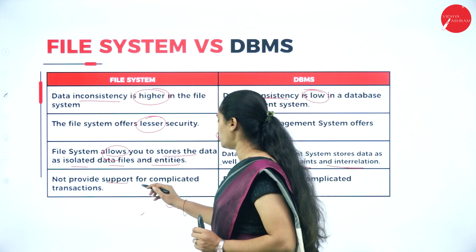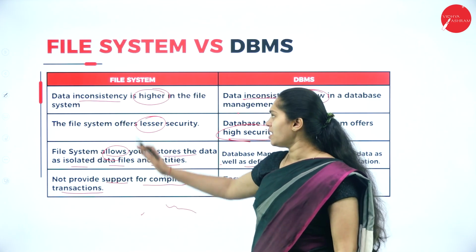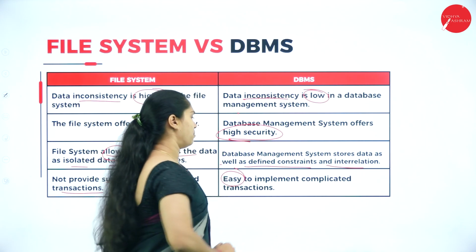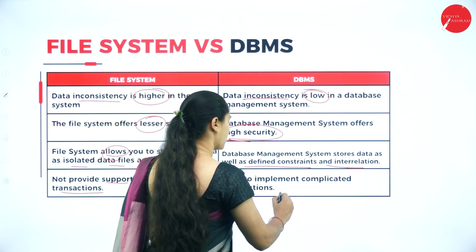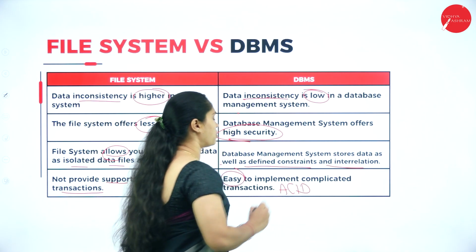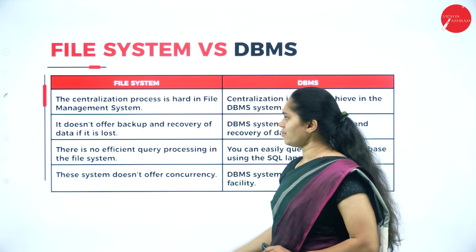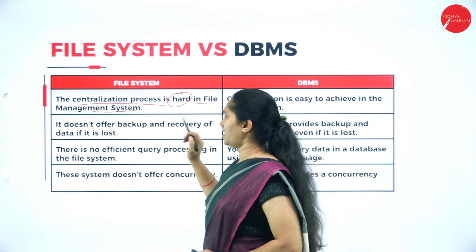What is the next difference? The file system does not provide support for complicated transactions. We can't do complicated transactions using the file system, but it is easy to implement complicated transactions in the DBMS by having ACID properties. Fine. What is the next difference we have? The centralization process is hard in the file management system.